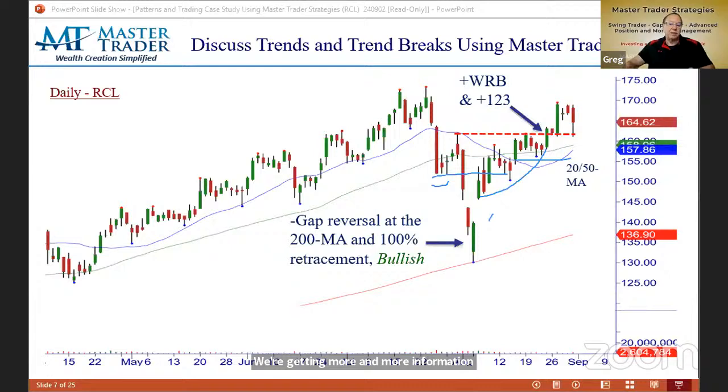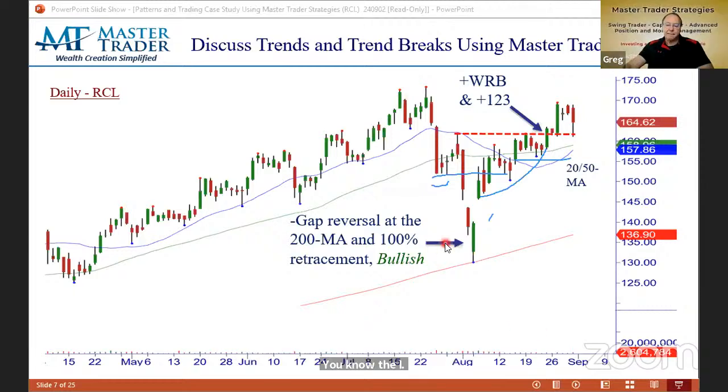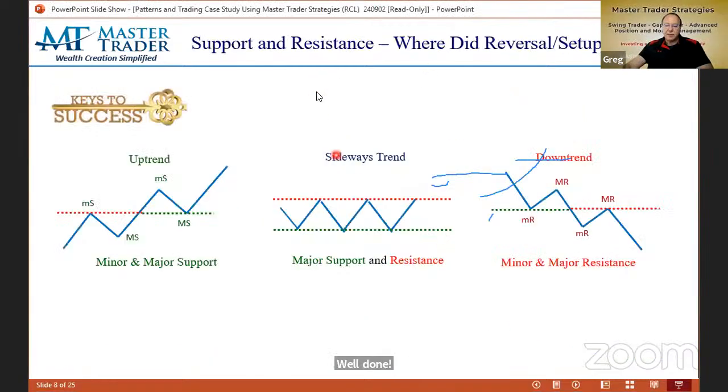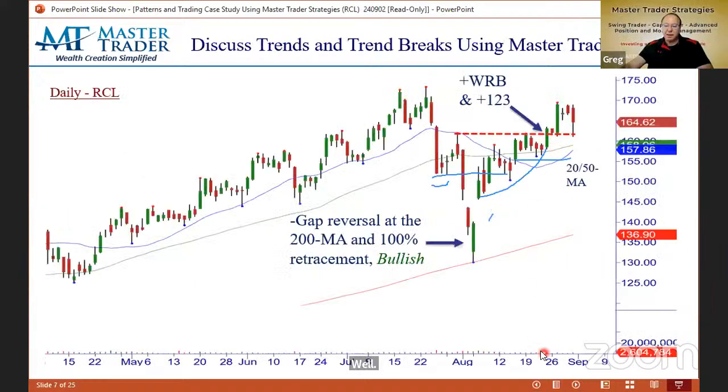I don't want to give away too much, Dan, because I don't know what you got on the next slide, but the idea here is, not only the depth of retracement, right, but the price action up here, which we can get into in a few more slides, suggested that buyers were in control besides the depth of retracement.